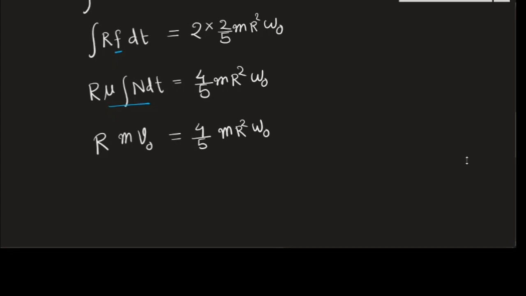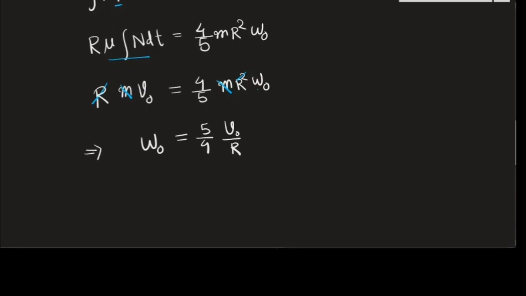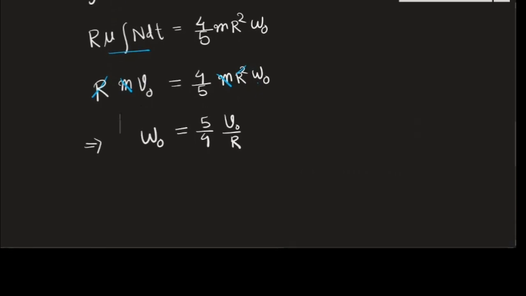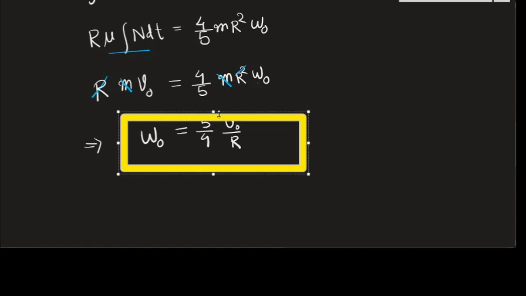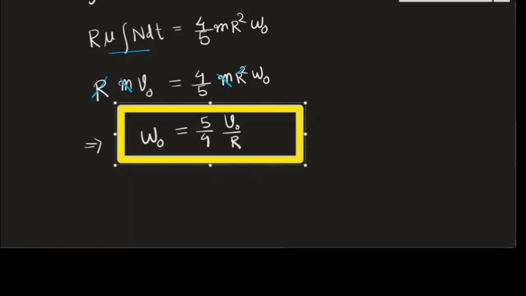From equation number 2, I can get the integral of mu N dt, equal to 2 m v naught. Substituting here, R times m v naught equals 4 by 5 m r square omega naught. Simplifying, R and R cancel, m and m cancel, and we obtain omega naught must be equal to 5 by 4 v naught by r. This is the relation between v naught and omega.